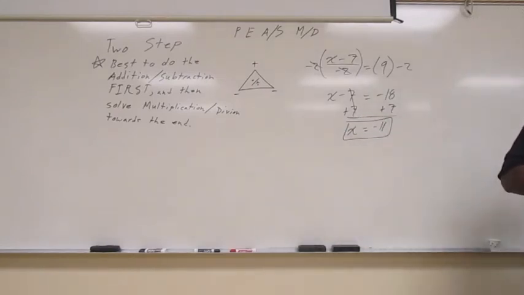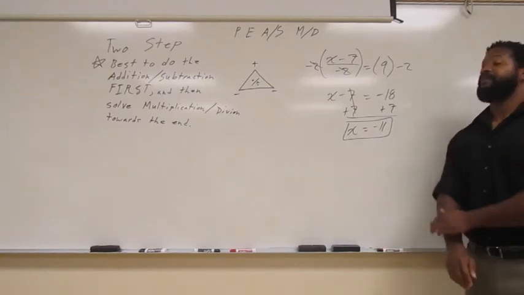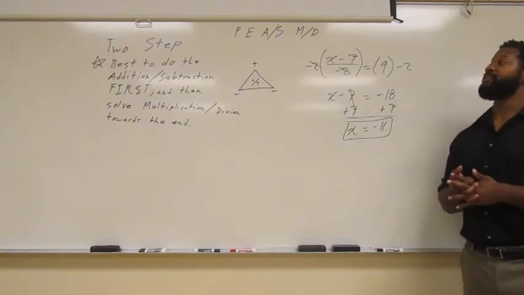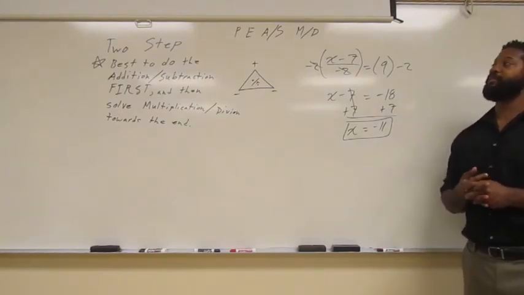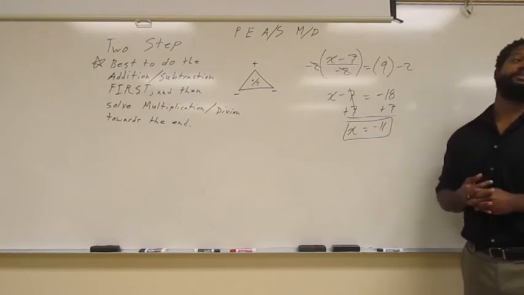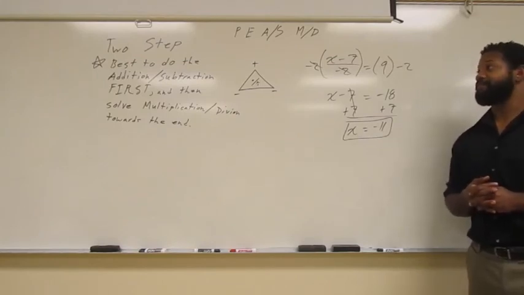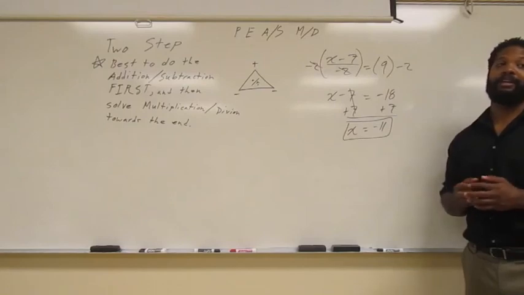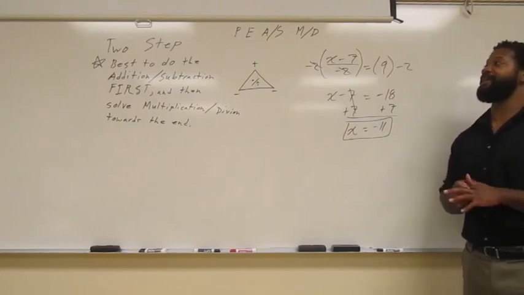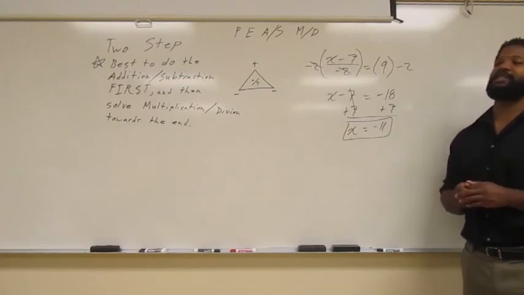All right. This is the only time when you're going to do a division before adding and subtracting. All right, that's the only time. Other than that, no other time is going to happen.